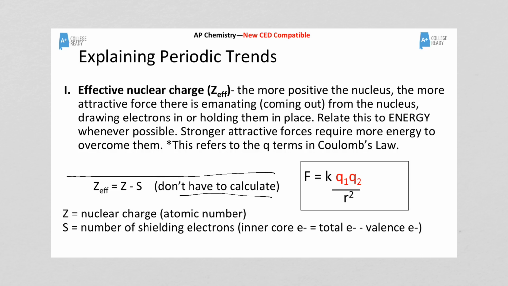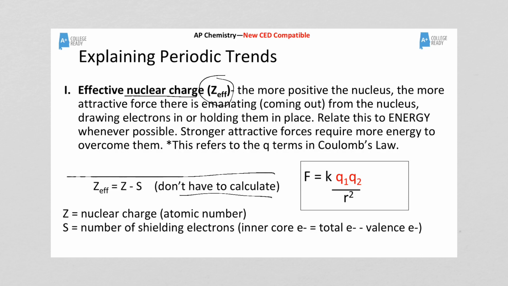With my students, we just talk about what the term means, nuclear charge, and what this really describes. And this is the abbreviation for it. Z represents atomic number, so it's basically about protons. So the more positive the nucleus, the more attractive force there is coming from the nucleus that draws electrons in or holds them in place. Okay? So stronger attractive forces require more energy to be overcome.